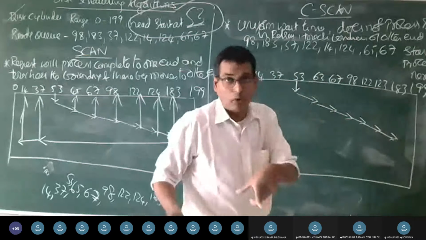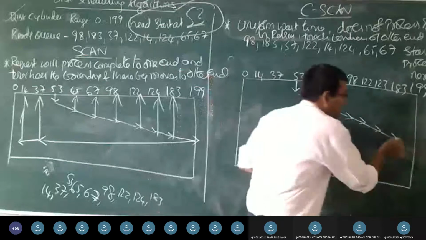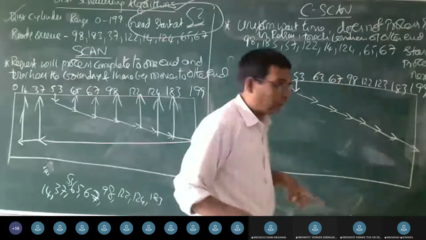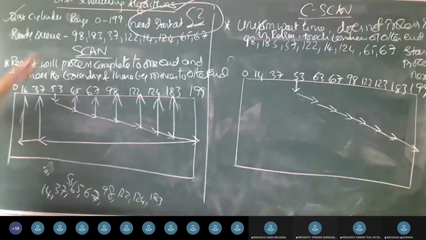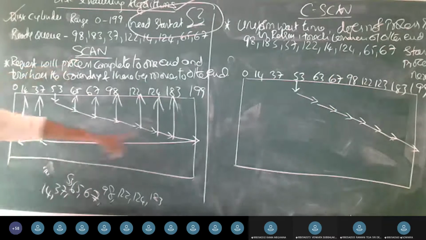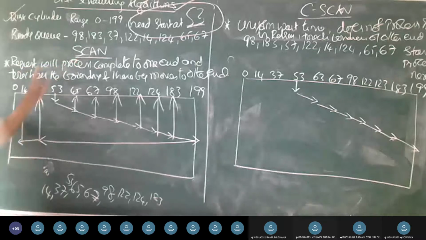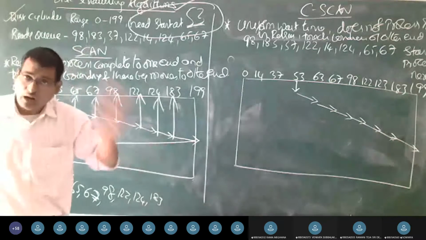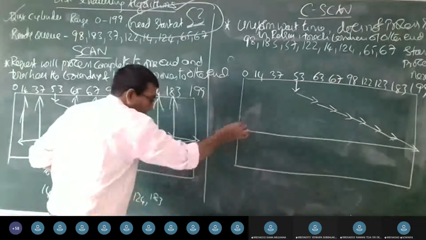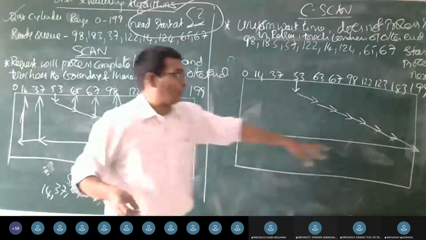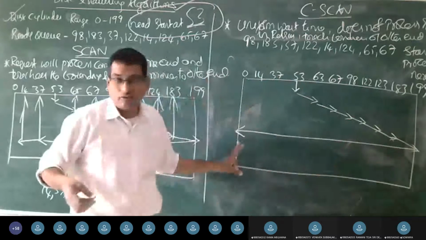Now it has to touch the boundary, right? It touches the boundary. Now, if it is going to process 37, it is same as scan, but it will not do like that. It will touch the other boundary first.